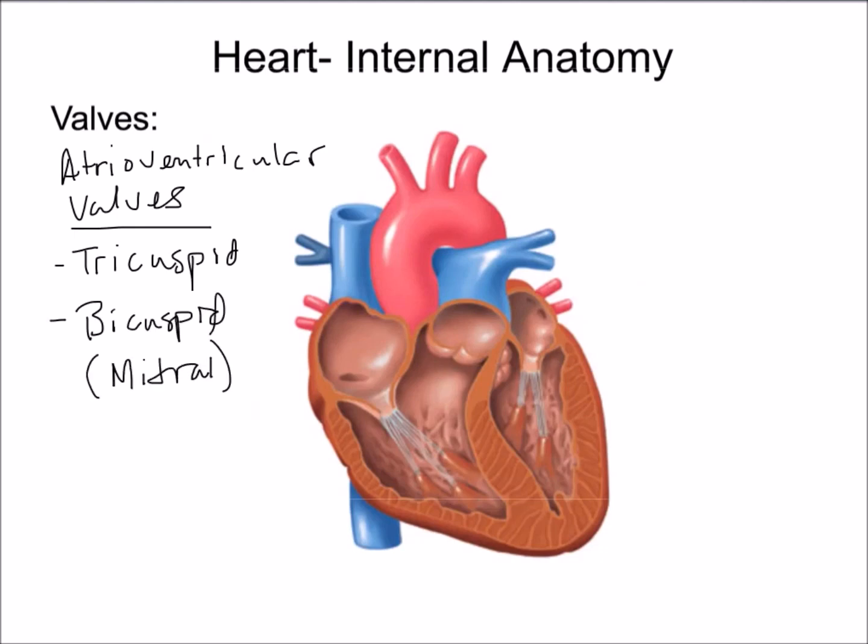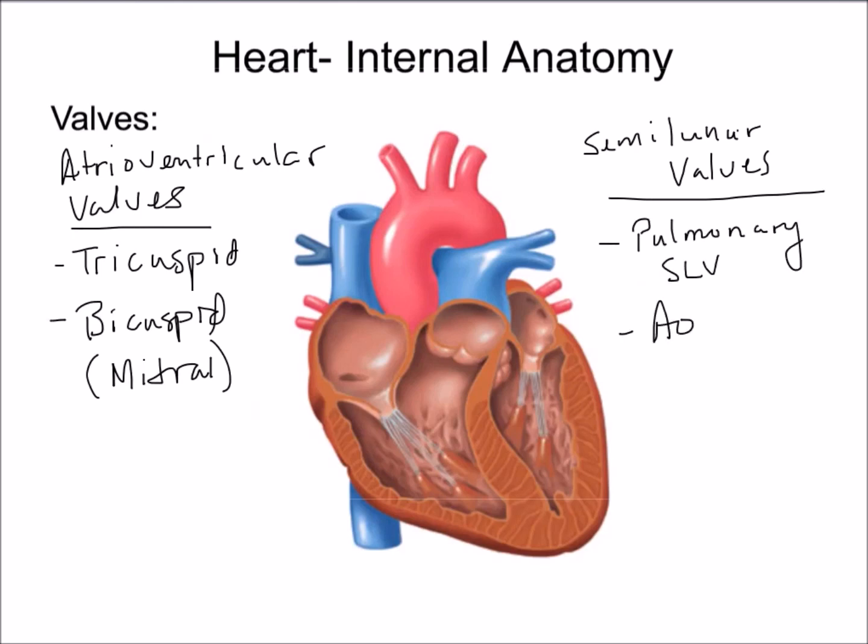The second type of valve are what we call semilunar valves. Semi meaning half, lunar refers to the moon. So the cusps of these valves represent a half moon shape. Examples of semilunar valves would be the pulmonary semilunar valve and the aortic semilunar valve.